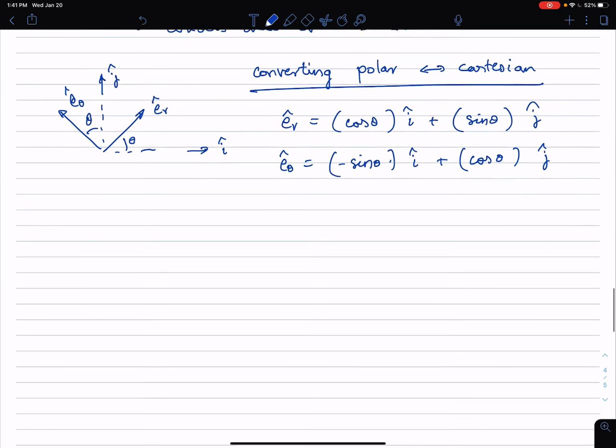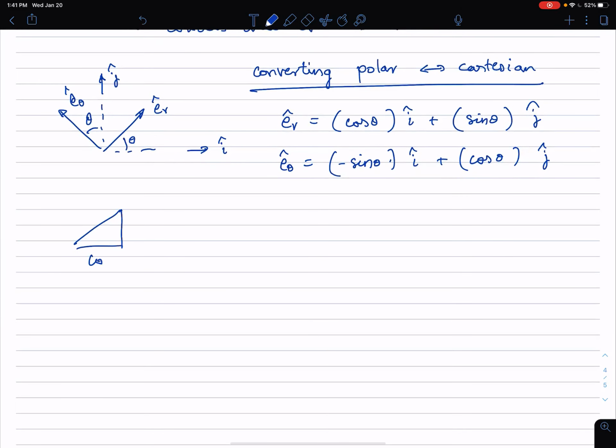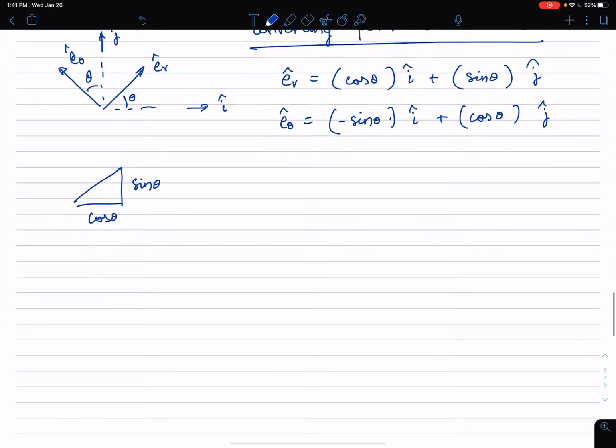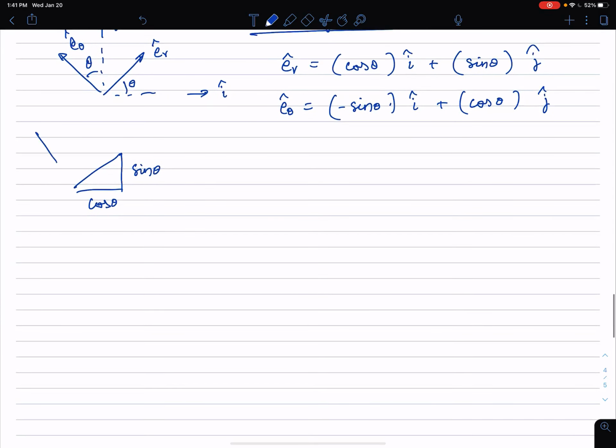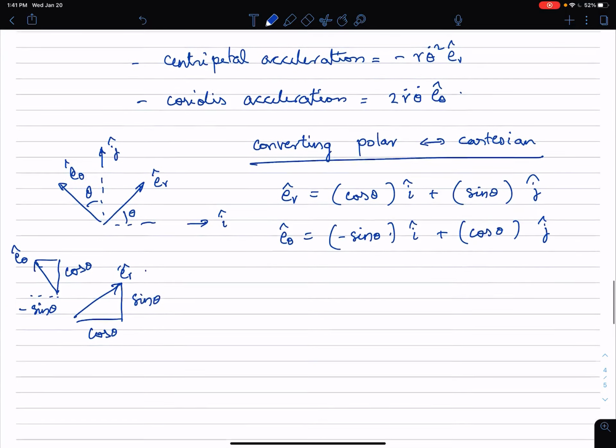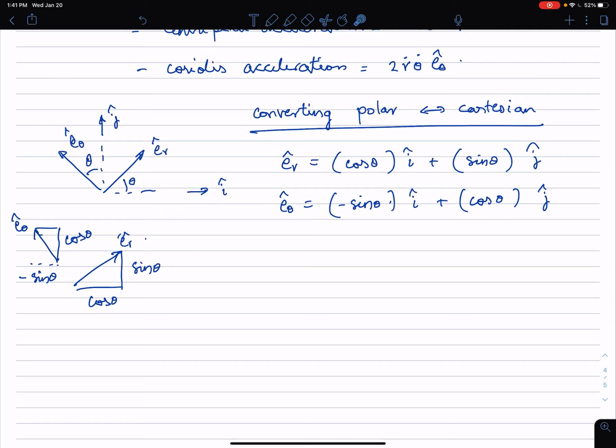You can draw little triangles to get cosine theta and sine theta. And that's how you convert from Cartesian to polar.